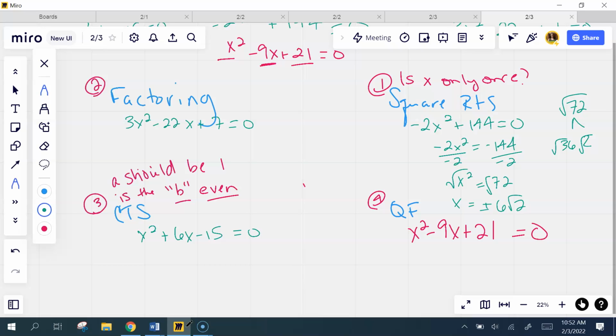And then the factoring. What two things multiply to 21x squared but add to negative 22x? That's exactly right. So as I put that in my equation, I have 3x squared minus 21x minus 1x plus 7 equals 0. I'm running out of room here.